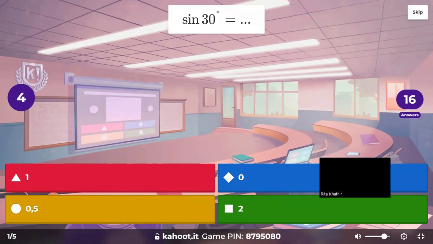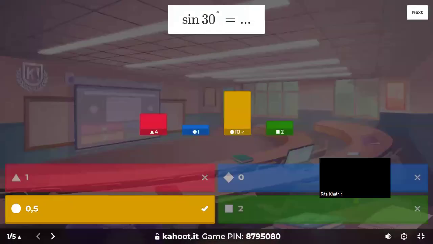Sine of 30 degrees is good, yeah? Half, multiplied by root of n, and n is 1. Remember, sin is 0, 1.